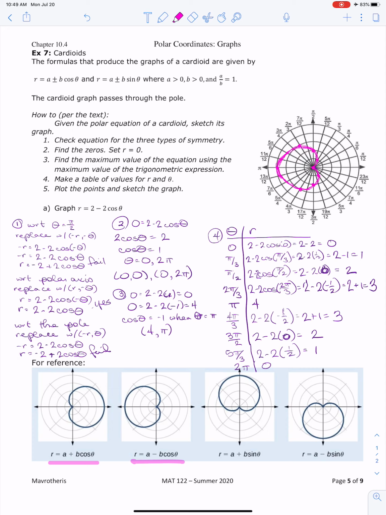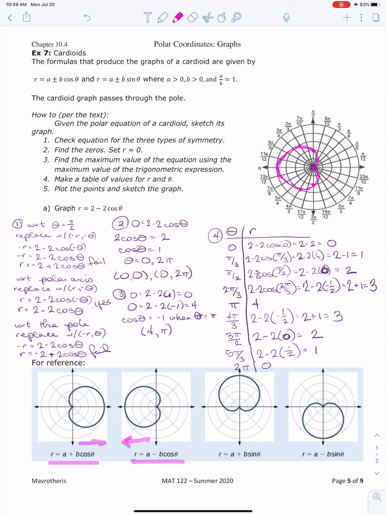If b is positive, our cosine is positive, this orients to the positive x-axis or the positive polar axis part. If it's minus b cosine theta, we're looking at the cosine being subtracted, so it's oriented to the negative polar axis. Negative this way, positive this way.